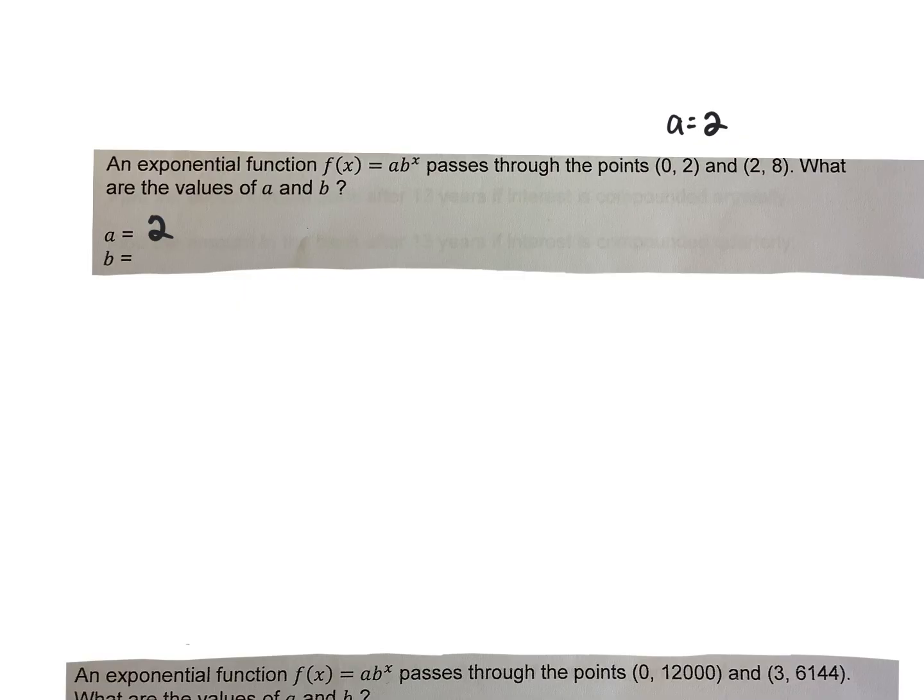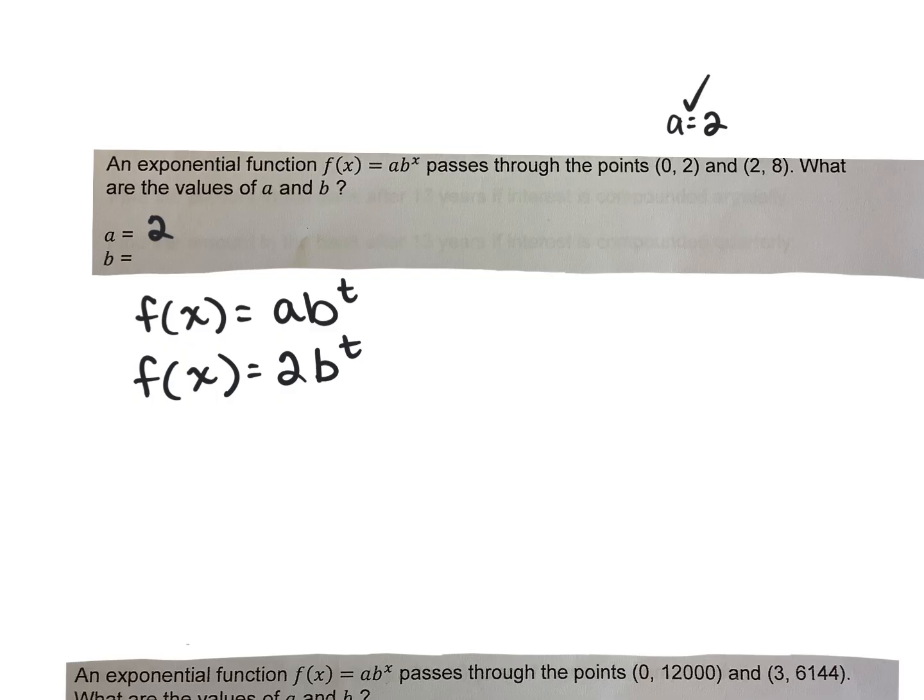But now I can't automatically look at the other ordered pair to figure out the rest of it. So what we're going to do is write down f of x is equal to a b to the t. And I'm going to substitute 2 in where my a is because it tells me (0, 2), so that is my initial value. Now I am finished with that ordered pair, so we're going to move to this one.